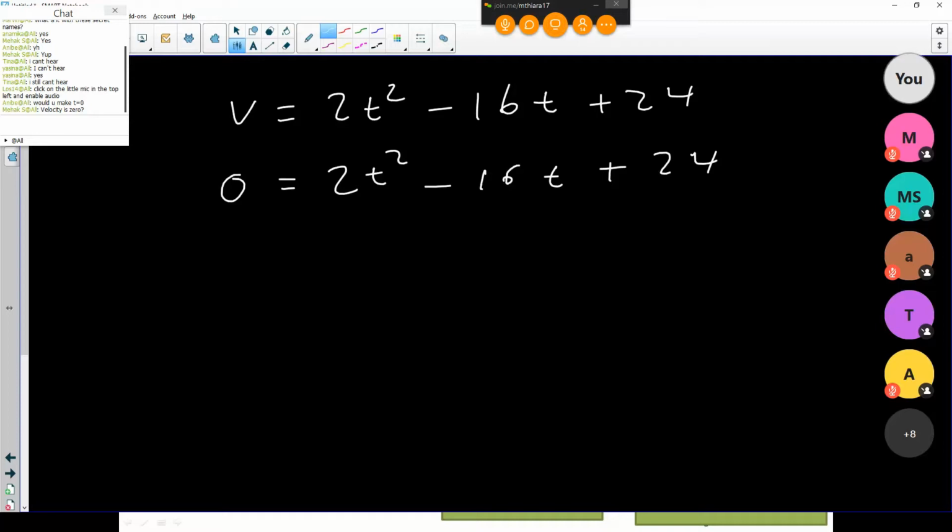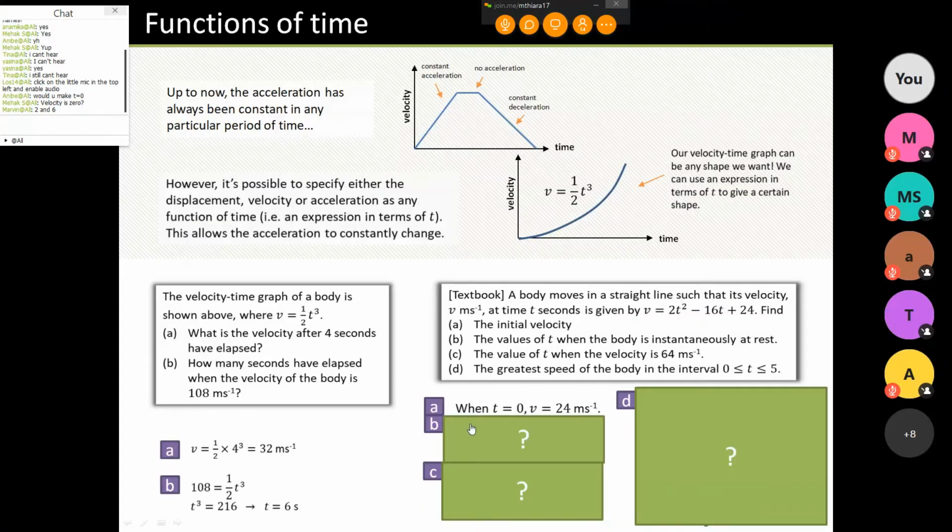Well, you can now complete that, factorize that quadratic and tell me what you get. Type into chat box once you've answered this question. Right, so you get 2 and 6. Okay, that's good. Let's check the answer. Yeah, at time t equals 2 or time t equals 6, you've got that velocity is 0. The body is at instantaneous rest.